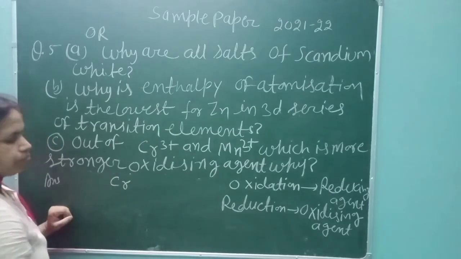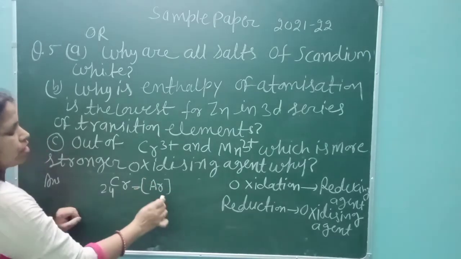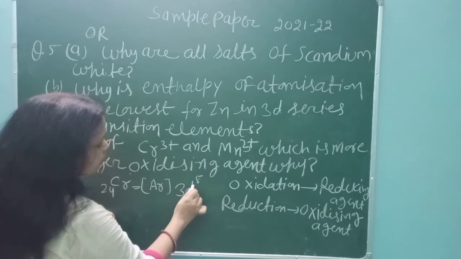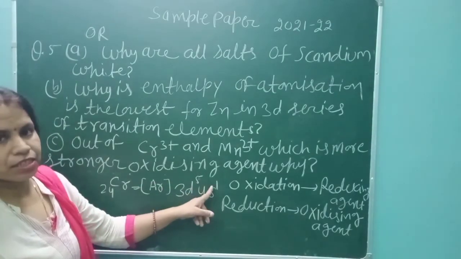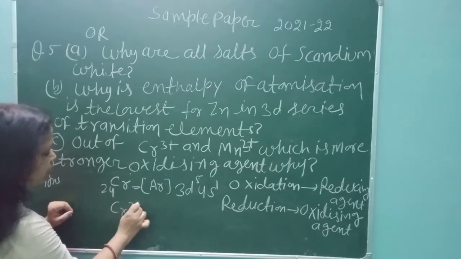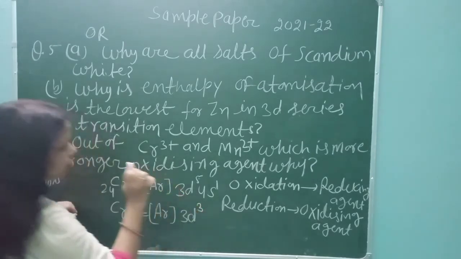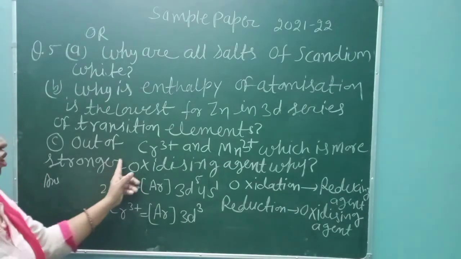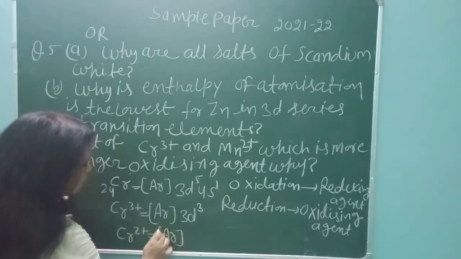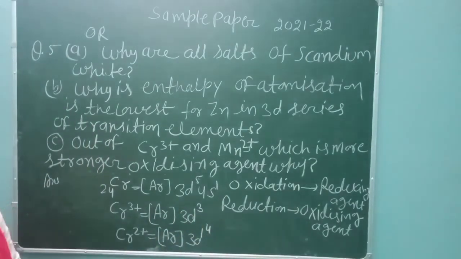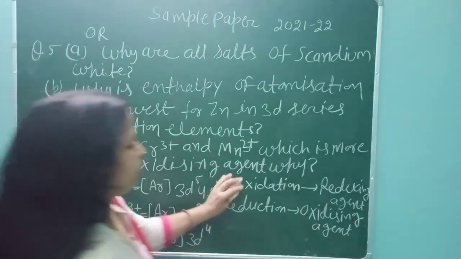First we write down chromium. Atomic number is 24. Argon 3d5 4s1, that is 18 plus 6 is 24. Now write Cr3+. Cr3+ means argon and 3d3. When it attracts one electron, Cr3+ converts into Cr2+. So what will the electronic configuration of Cr2+ be? Argon 3d4. Clear? Write down. Next Mn.